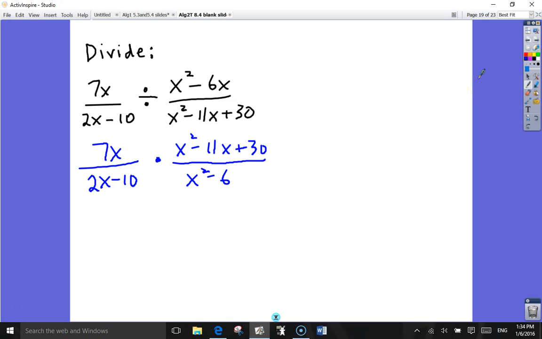Then factor, right? 7x has no factors. 2 times x minus 5.